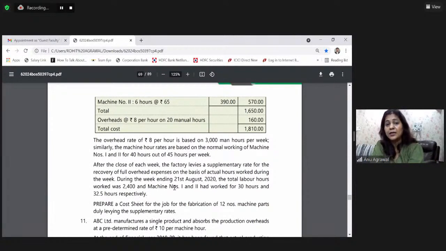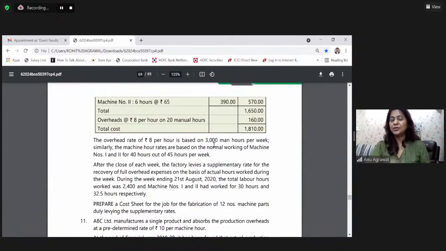Now look at it. They are trying to tell you that, boss, this rate of 8 rupees was calculated if we worked for 3,000 man hours, right? But actually we have worked for only 2,400 hours. They say we will apply a supplementary rate. So as per 3,000 man hours, that means the overhead should have been how much? 3,000 into 8, 24,000 would have been the overheads.